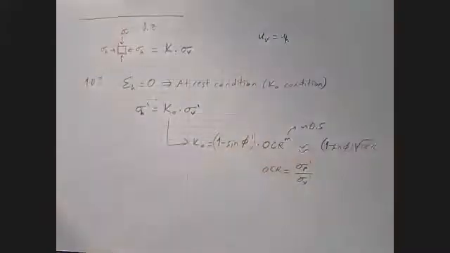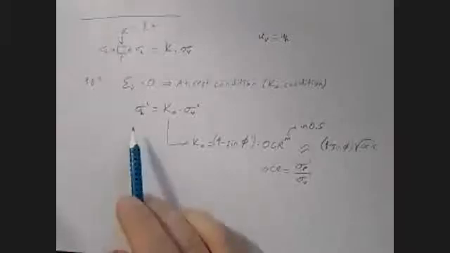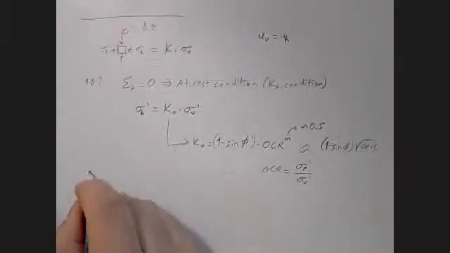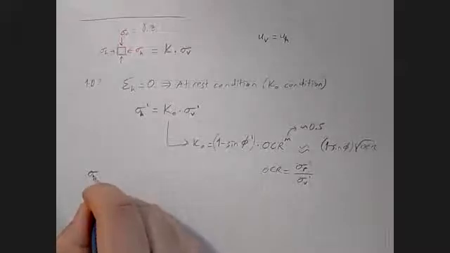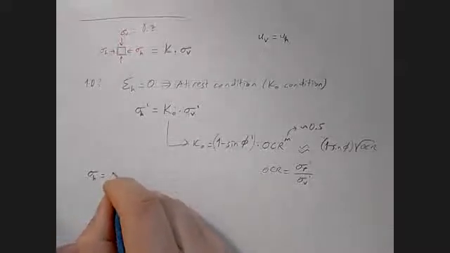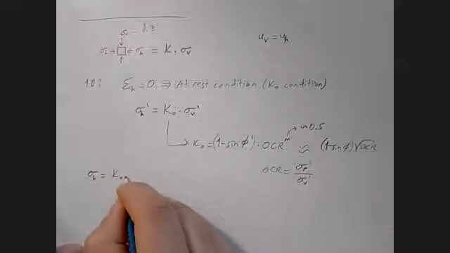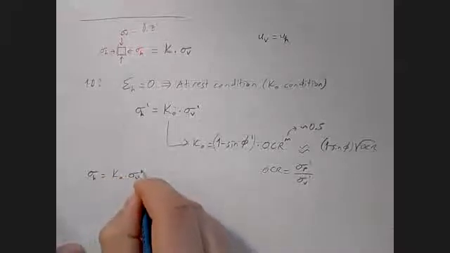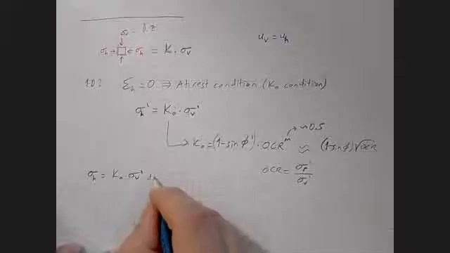So what that means is if you want to calculate the total stresses, then it would simply be K0 times sigma vertical plus U, for example.